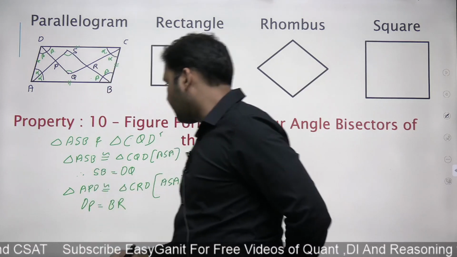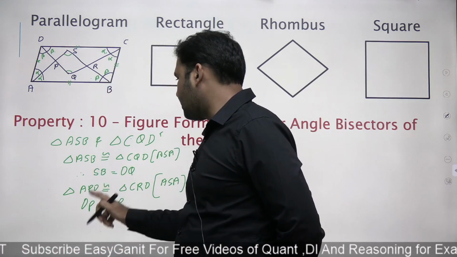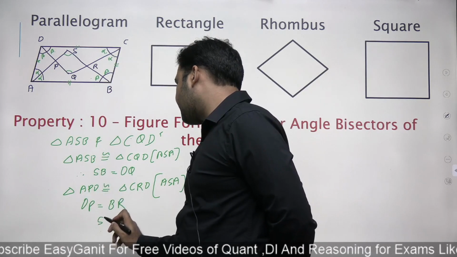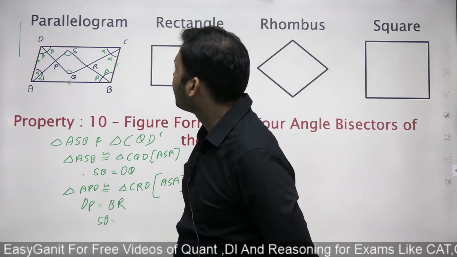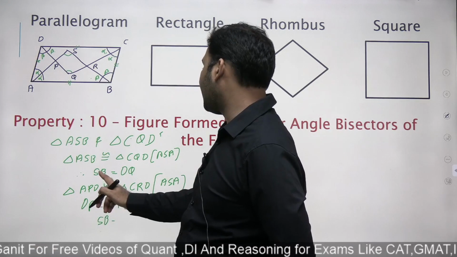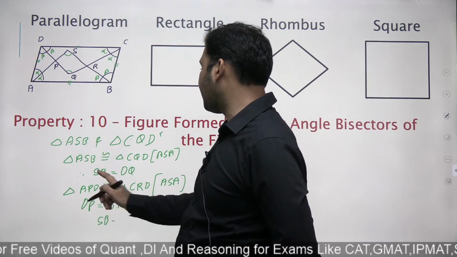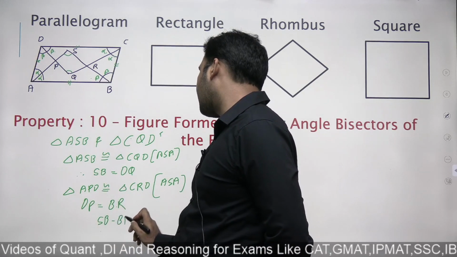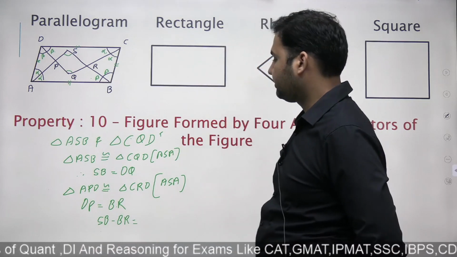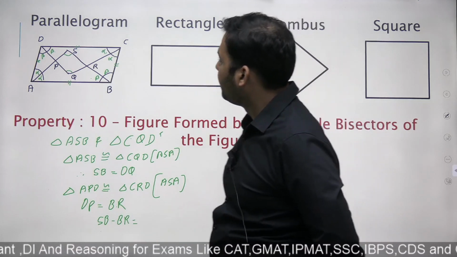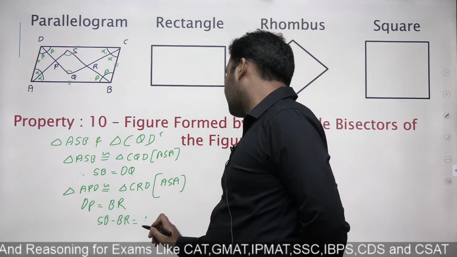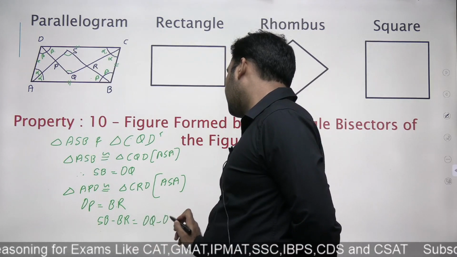Now when you subtract these two equations, you see that SB minus BR will be the same as DQ minus DP, right?